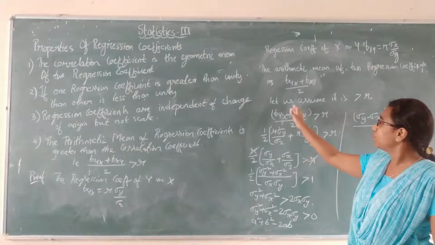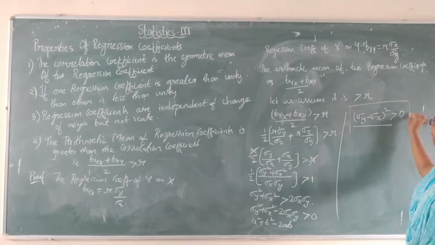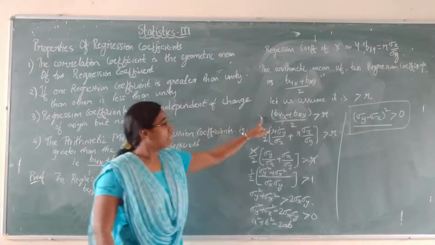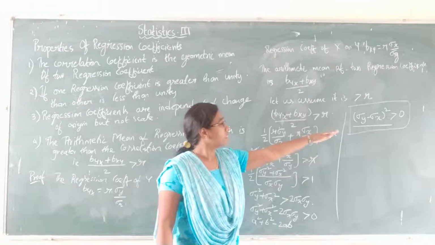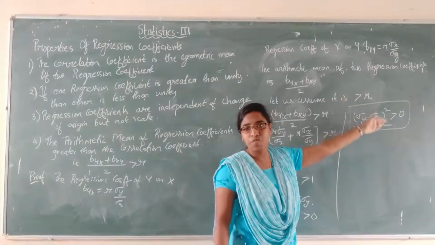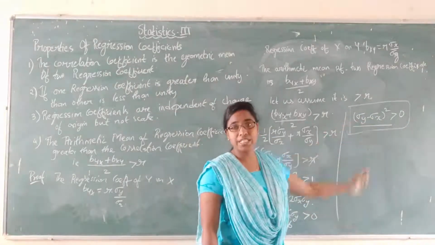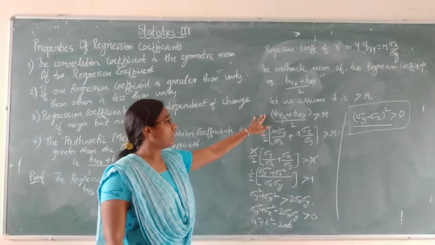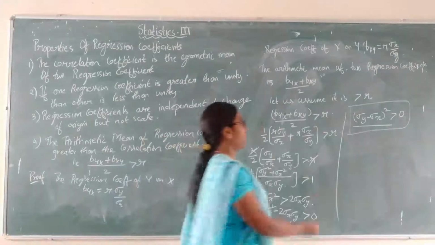So what is the assumption we took? Whatever the answer we got, since this is correct, we can say that the assumption we took is correct. That is, since sigma y, sigma x are non-negative terms, and square of a positive term is also a positive term only, that is greater than 0, our assumption is correct. What is our assumption? Byx plus bxy by 2 is greater than r.